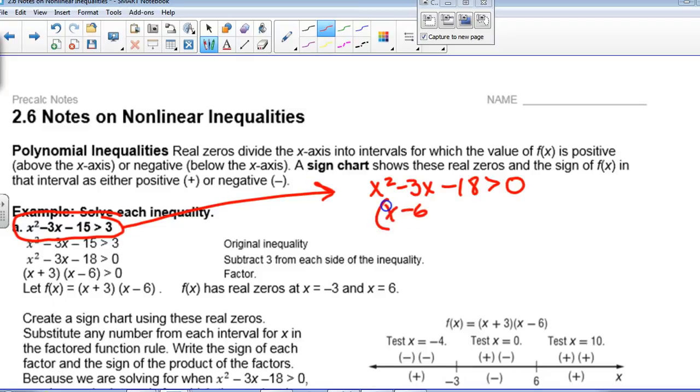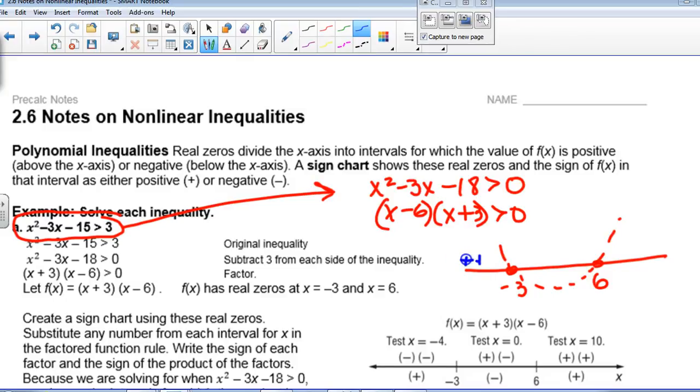Factor. So what is this graph? If I were to whip out my calculator, which is no need for me to do, where's it going to have zeros? Negative 3 and 6. And what shape is it going to be? It's a parabola that opens up. So do I already know where it's positive and where it's negative?